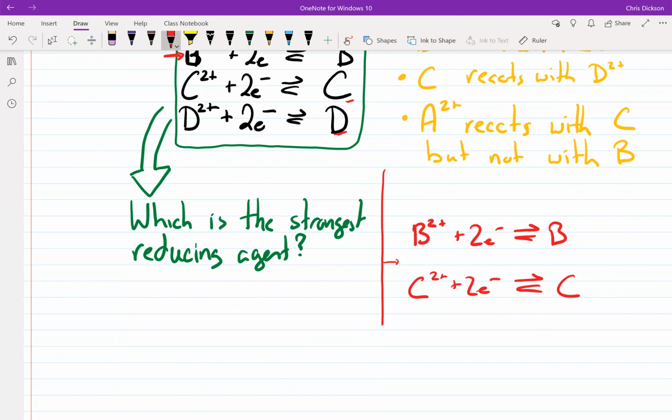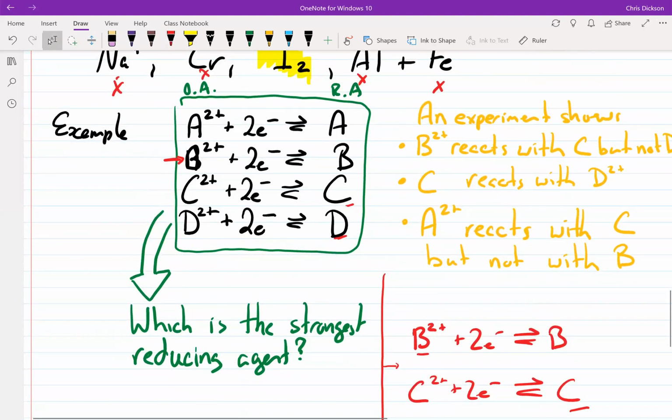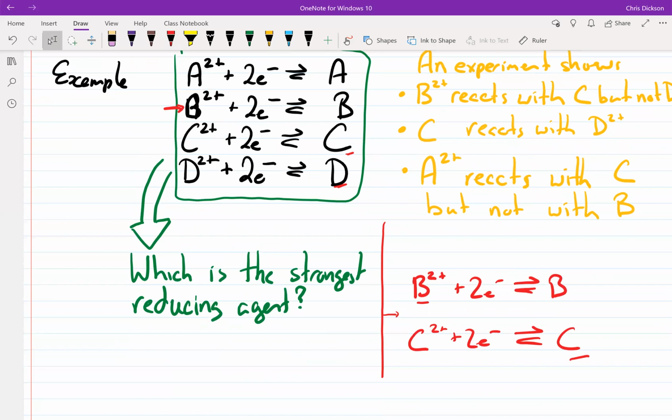So B2+ reacts with C, so that is true. And then it says that B2+ will not react with D. What that means is that would have to be a step up reaction, which means the D reaction has to be above it.